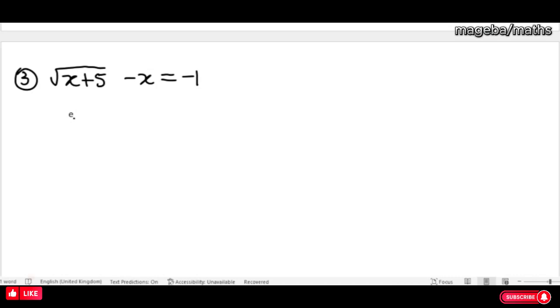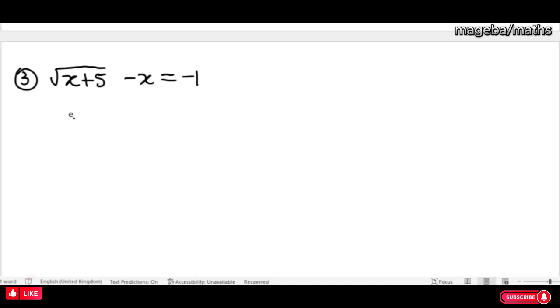Meaning I must make sure the square root is here alone, there's nothing else with the square root. So I need to take this to this side. So I'm going to have square root of x plus 5 equals to x, then minus 1. Remember, I just took x and then put it in front of this negative 1. That's why I'm saying x minus 1. This x was negative, so it's going to be positive on this side.